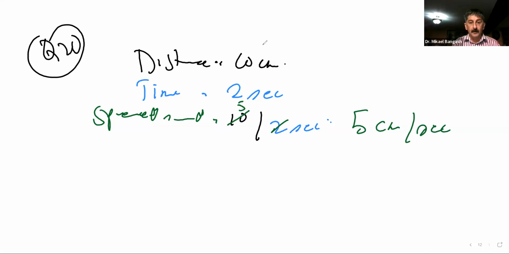Now just be aware, girls, it's not necessarily going to be the case that you'll be given 5 centimeters per second. You may be given something like 0.05 meters per second.